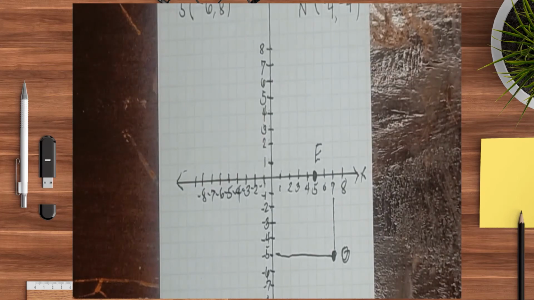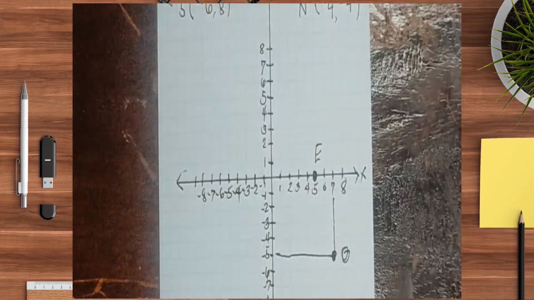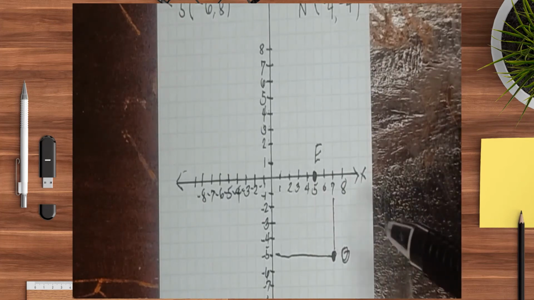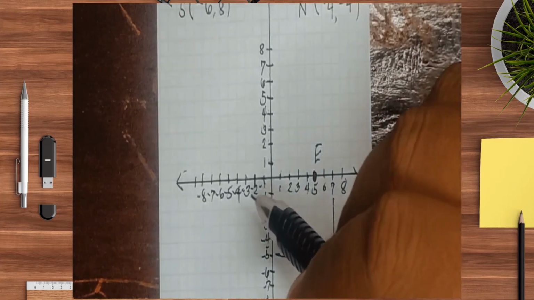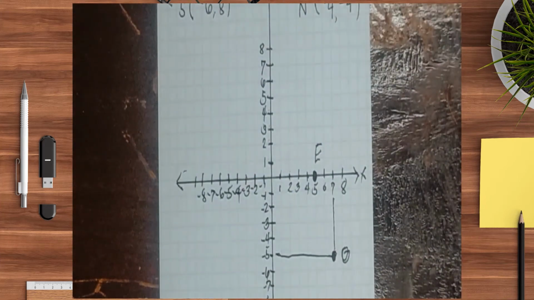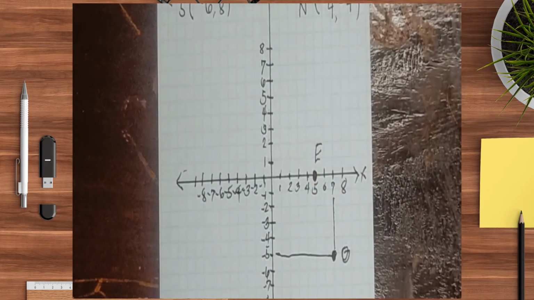Now let's have point S, and the coordinates are negative 6 and positive 8. Locating our x coordinate, it is on our negative 6. And now let's have the point S with coordinates negative 6, 8. Let's locate our negative 6.